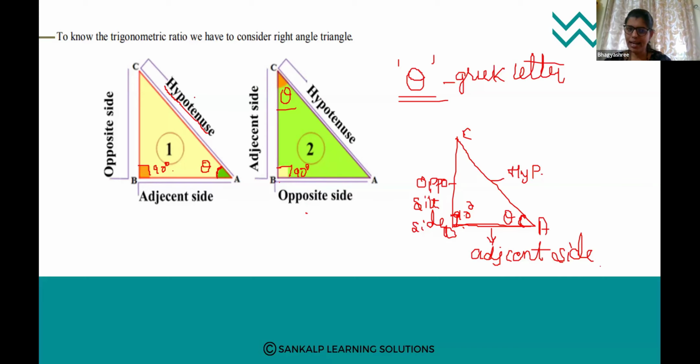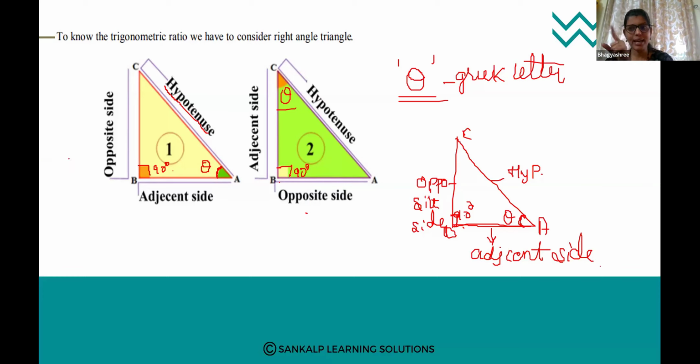Understood? What is the difference between this triangle and that triangle? Here our theta position is at point A. In this triangle, theta position is at point C. So depending upon the theta, the opposite side here is the side AB. Next, which one is the adjacent side?